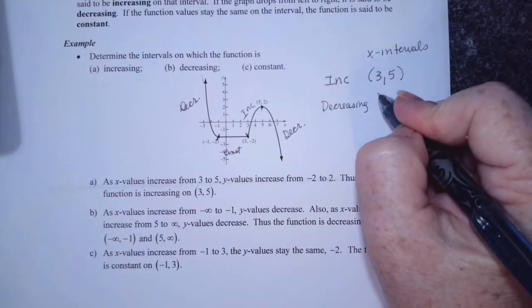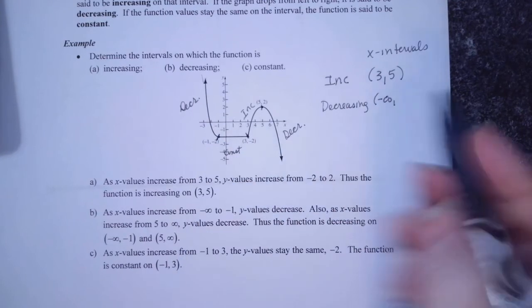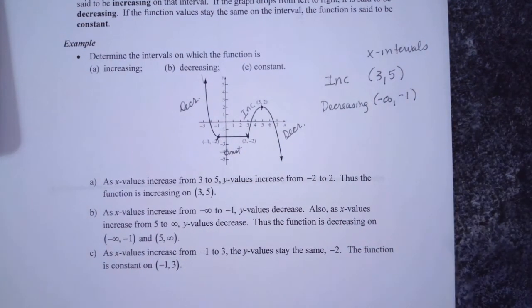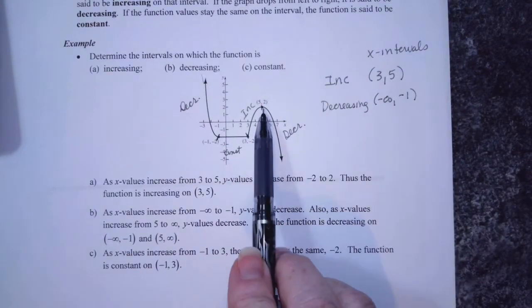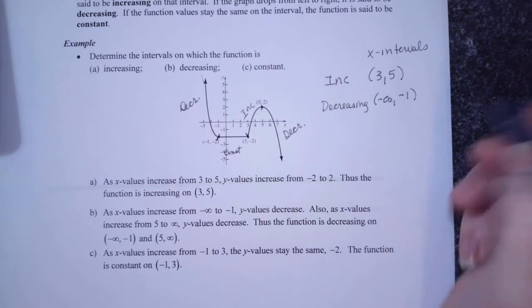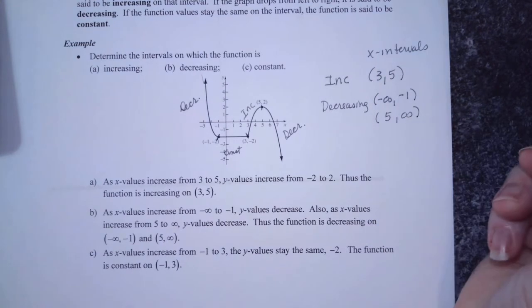So the interval there would start from negative infinity up to the x value there, which would be -1. And it was also decreasing over here, which starts at x equals 5 and goes forever to the right. So that would be 5 to positive infinity.